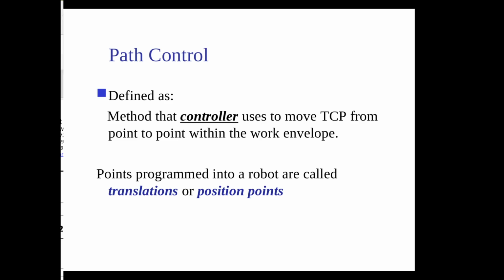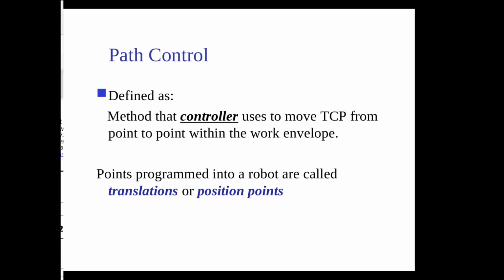Okay. All right, so when we're trying to instruct the robot on where to go, we need to do path control. And so path control is defined as the method that the controller uses to move the tool center point.